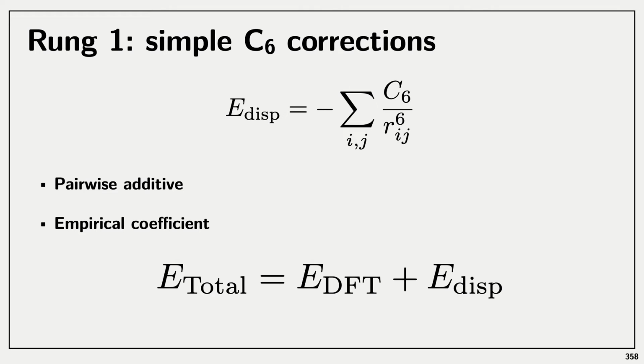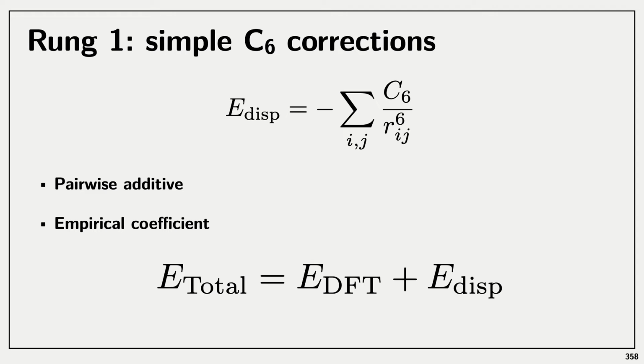I mean, the 1 over R6 has a quantum mechanical origin, but the way it's treated is kind of empirical, if you want, because it's added just after the quantum mechanical calculation is done. And it's empirical in the sense that the coefficient C6 that you need between every pair of atoms is an empirical coefficient that is used to try to reproduce the experimental data.